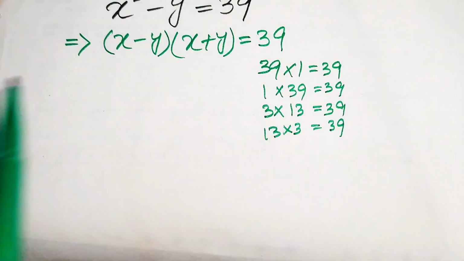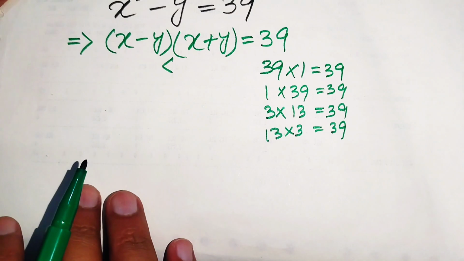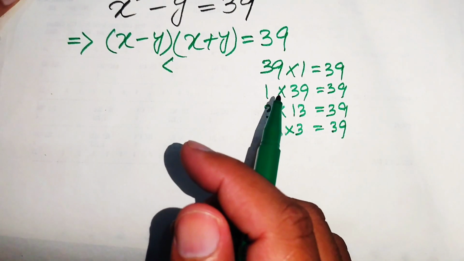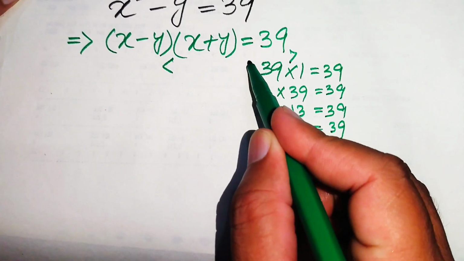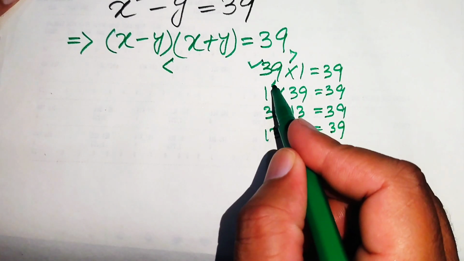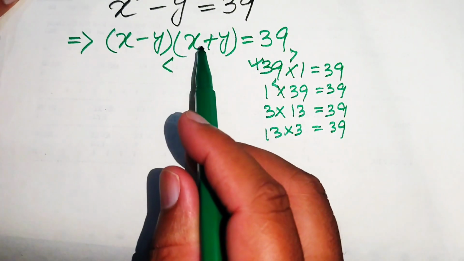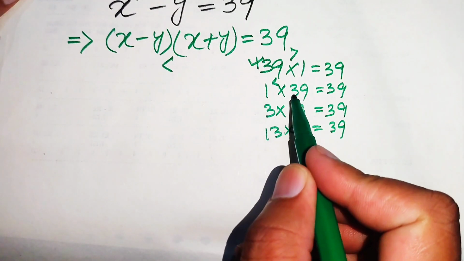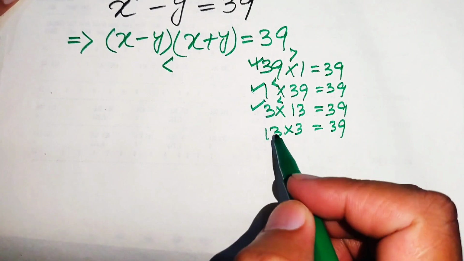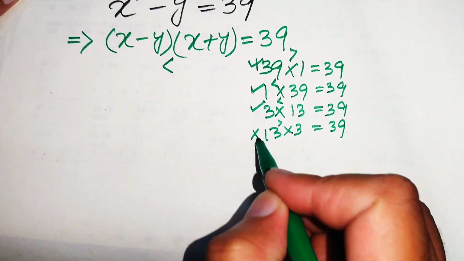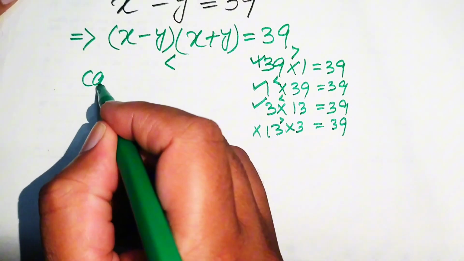The relation between x − y and x + y is that x − y is always less than x + y. So we choose those factor pairs in which the first term is less than the second term. 39 is greater than 1, so we reject this one. 1 is less than 39, so we choose this factor pair. 3 is less than 13, so we choose this one as well, and 13 is greater than 3, so we reject this one. So we have these two possibilities.